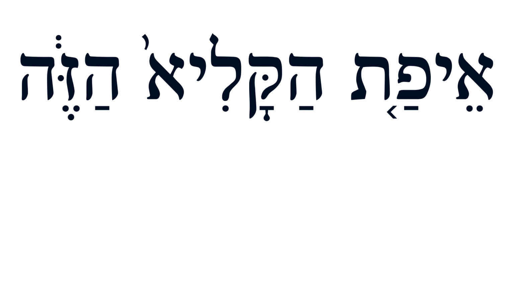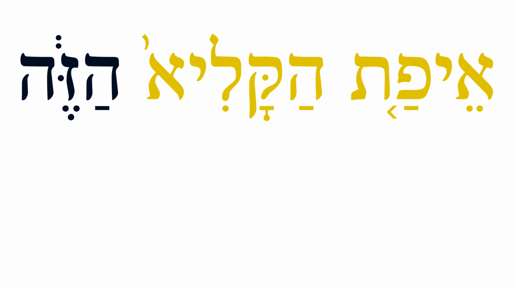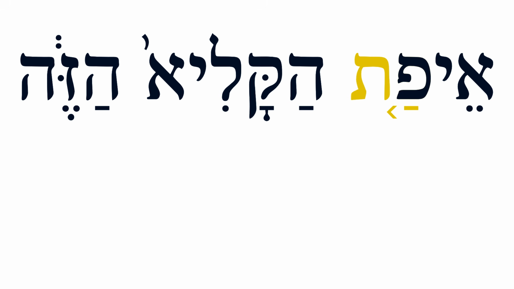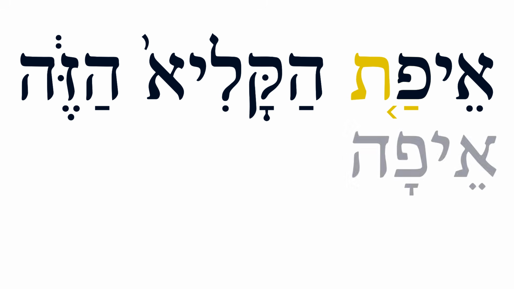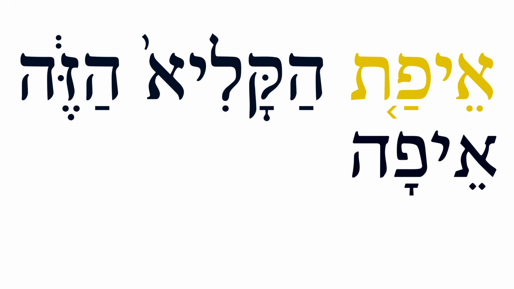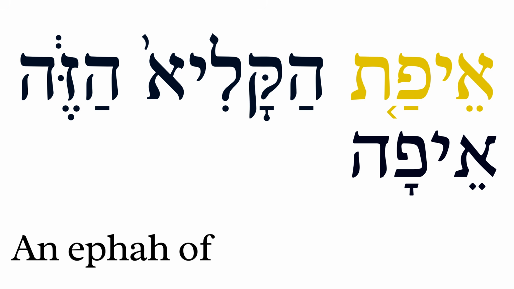Here's a similar phrase, efat hakali hazeh. Let's focus first on the construct phrase efat hakali. We know the at ending is used in the construct form of words that end with a in their absolute form. So efat means an ephah of. Ephah is a unit of measurement.